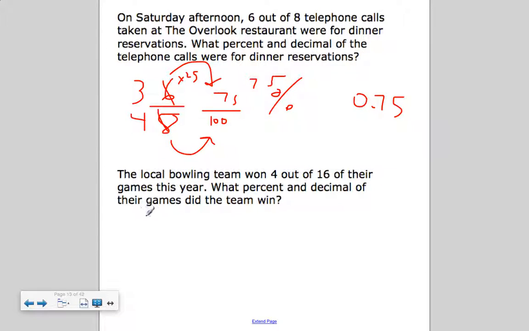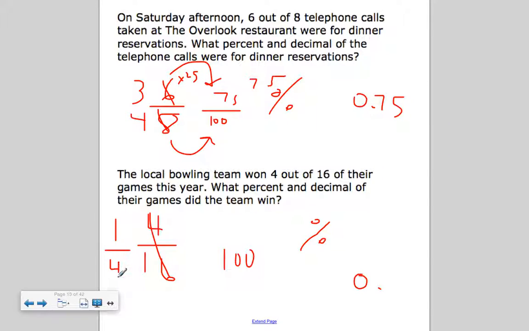The local bowling team won 4 out of their 16 games this year. That's part to whole. What percent and decimal did this team win? So I need to, percent is building it to 100. Can 16 be built to 100? No. Could I simplify this? I could do 2/8 or 1/4.